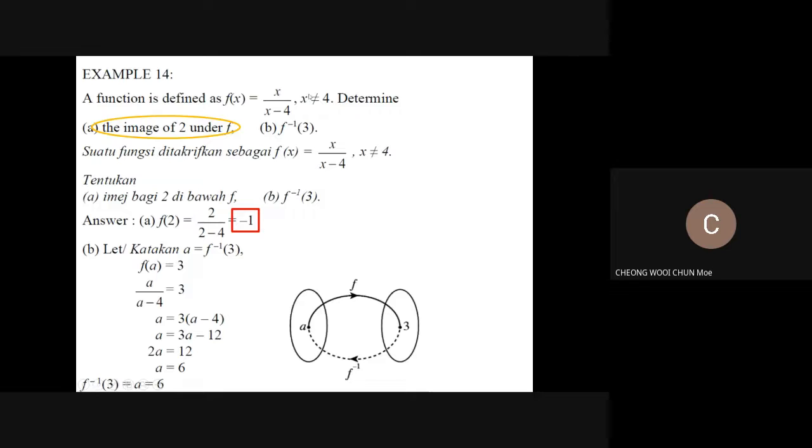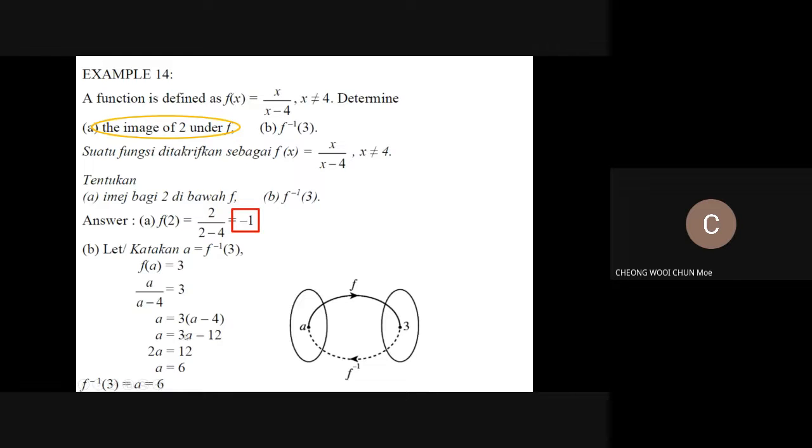Then I replace x with A. So A over A minus 4 equal to 3. From here, to get A: A equal to 3 times (A minus 4), so 3A minus 3 times 4, 12.